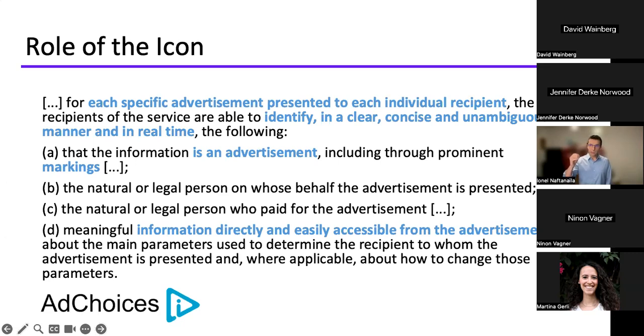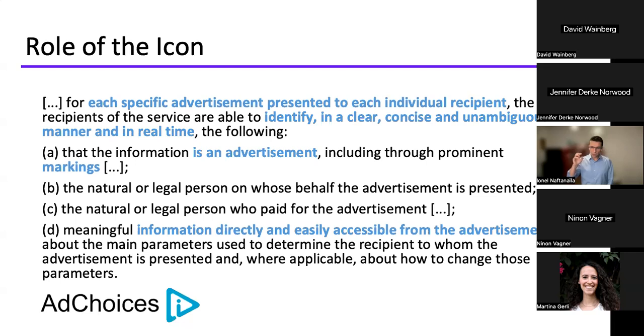So things related to each specific advertisement, each individual recipient, clear, concise, unambiguous manner, in real time, the fact that an ad is an ad, all those things. The part in blue at the bottom of the slide speaking about information directly accessible from the advertisement, all those things were there since almost day one of the DSA draft.